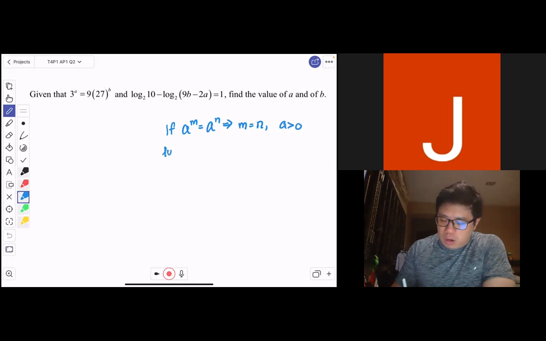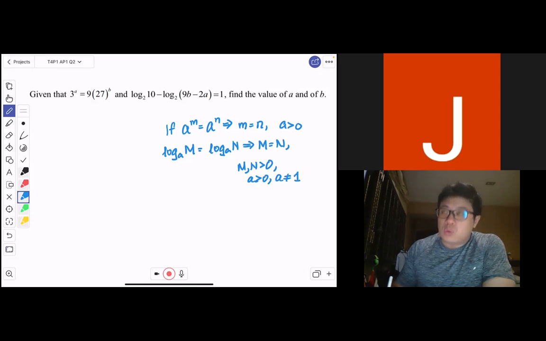Also, if log a of capital M equals log a of capital N, this implies that capital M equals capital N. Of course, M and N have to be positive, a has to be positive, and a cannot be equal to 1.